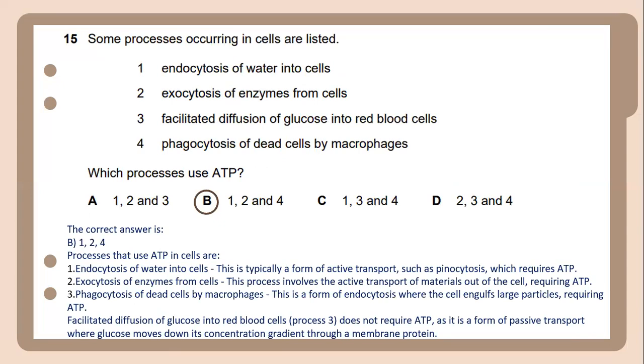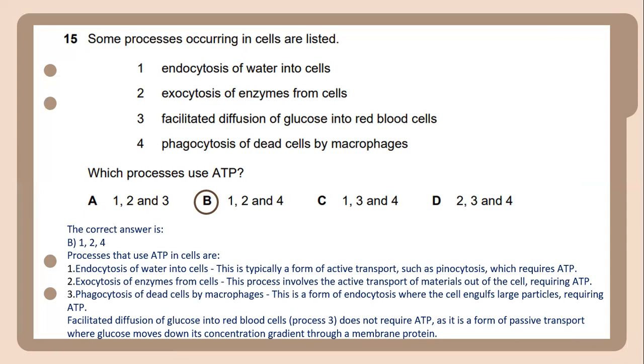Some processes occurring in cells are listed. One is the endocytosis of water into cell. This is the question about processes that use ATP in the cells.